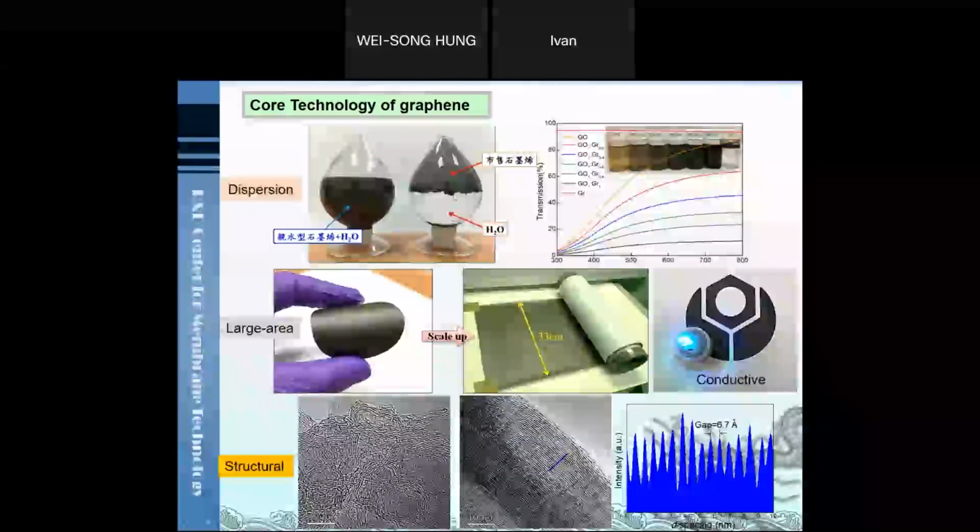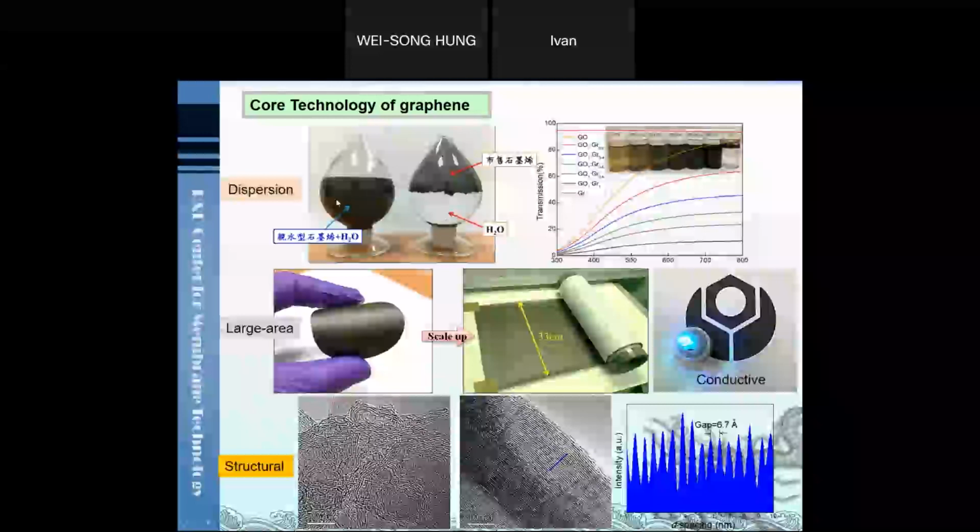So when we add it in the water, it will float on the water. But if we add it in the organic solvent, it will be dispersed at the bottom of the solution. Then we consider how to disperse the graphene in water-based solutions.